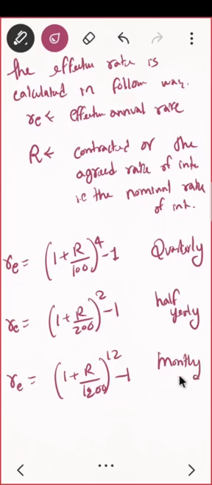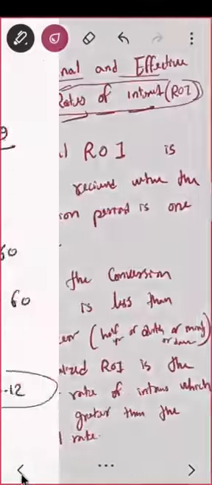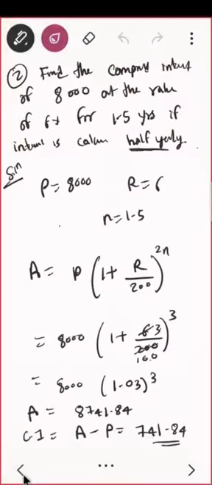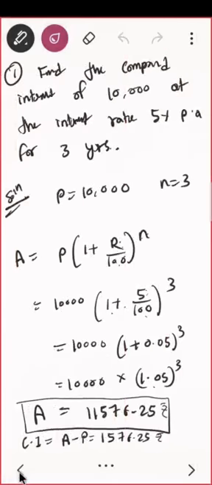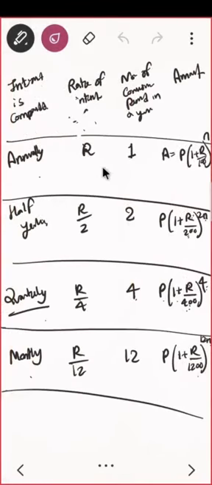It is same as that one. Here just you have to subtract by 1. You see in that table I told you the formula varies if you are given quarterly, half yearly, like that. If it is annually, then your formula will be P into (1 plus R upon 100) raised to n. Half yearly, then it will be P into (1 plus R by 200) raised to 2n. Quarterly, (1 plus R by 400) raised to 4n. And same here also.